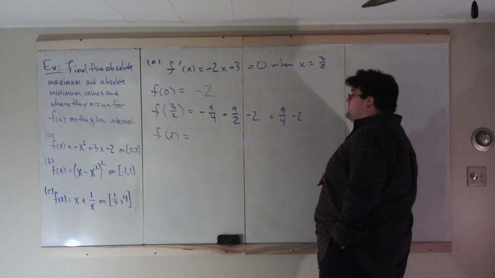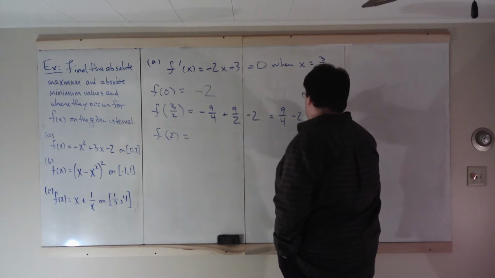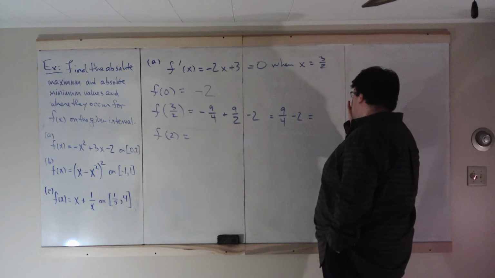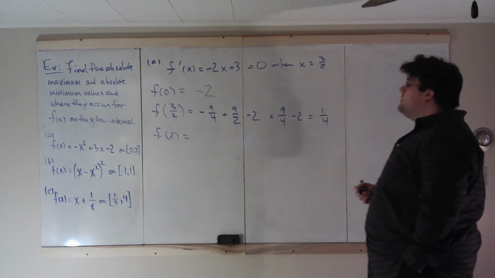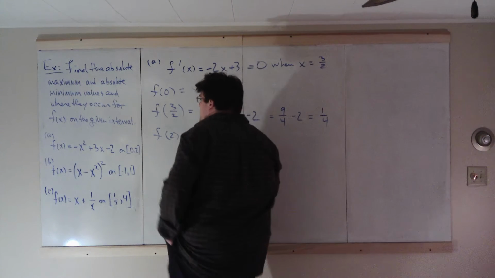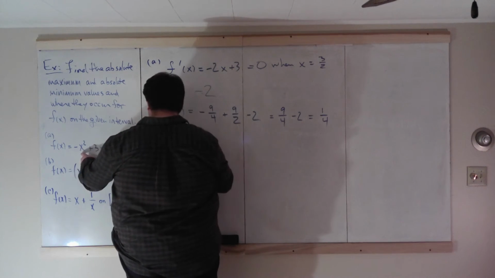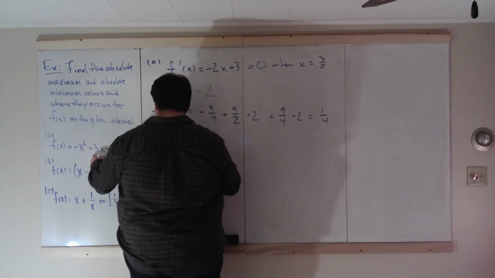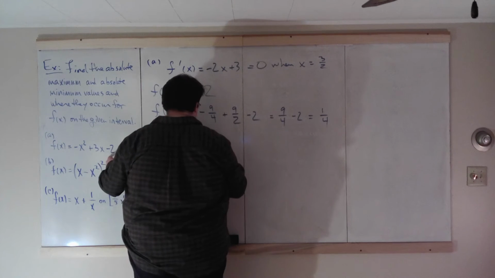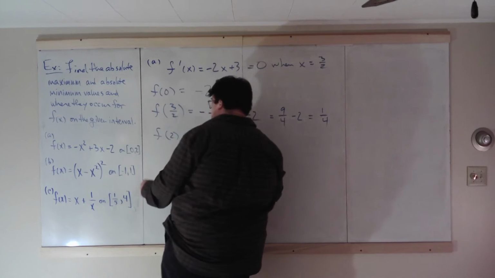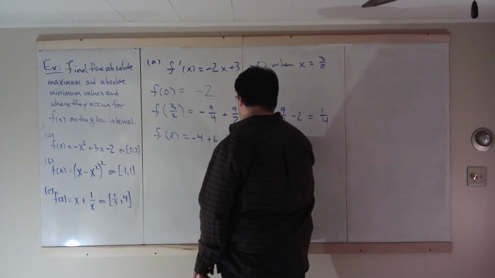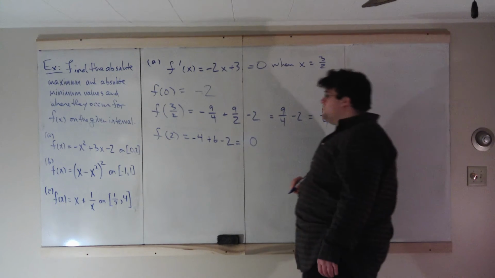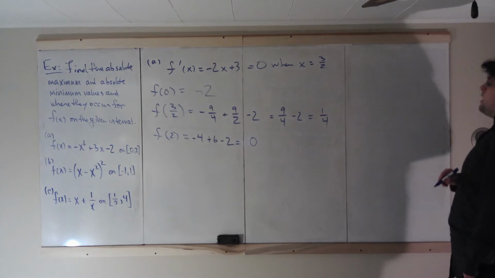So we have 9 fourths minus 2, which is 1/4. F of 2, well, negative 2 squared, so negative 4 plus 6 minus 2, which is 0.